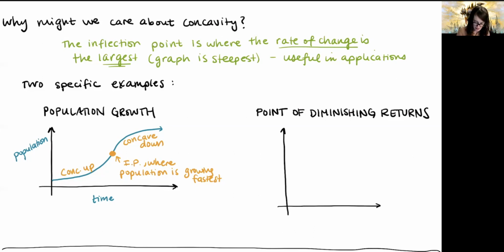So if you have some kind of function, that is not a great graph, that models money spent on something. So we'll just say this is money spent, or costs.